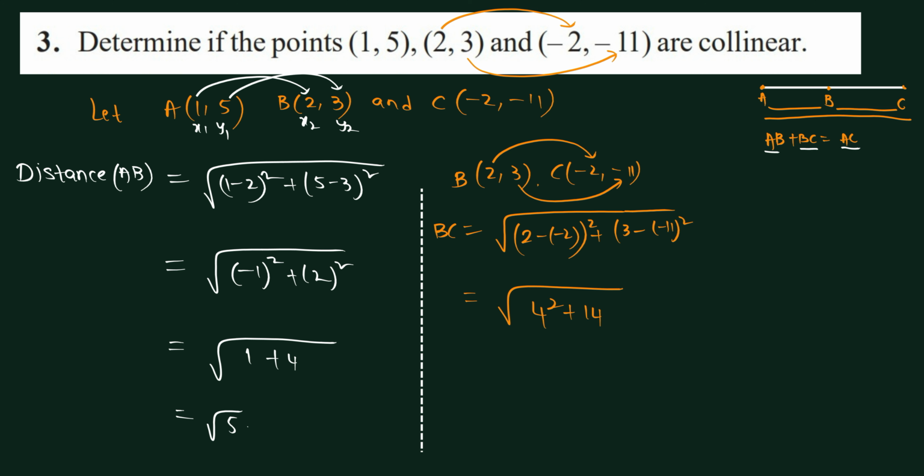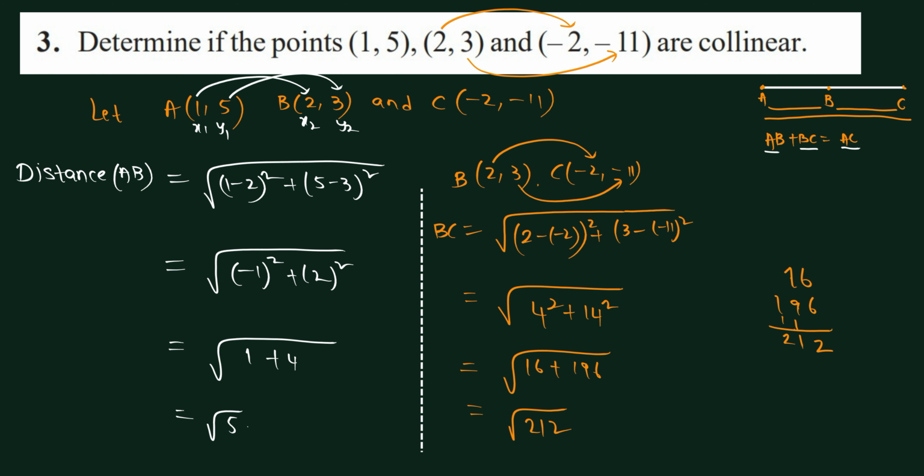Root of 4 square plus 14 square. 4 square value is 16, 14 square value is 196. Root of 16 plus 196, what is the answer? 212. Then BC is over, right?